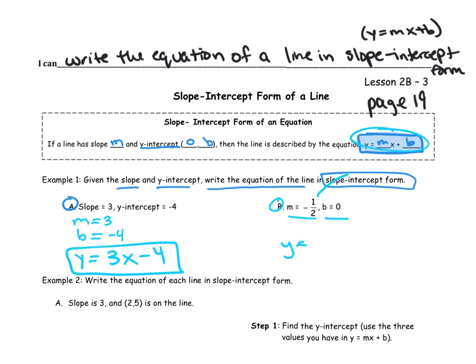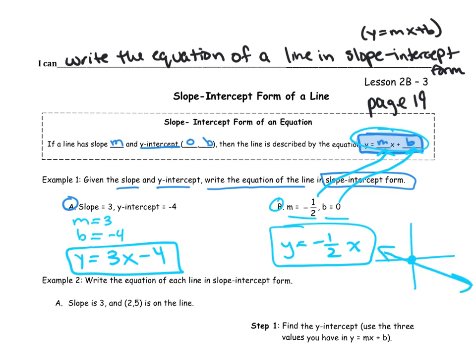We're just substituting these things in. So I have y equals -1/2 x plus 0. I don't really need to write this plus 0 because plus 0 is just plus nothing. So that's my equation, right? That means the graph is beginning at the origin. Okay, and you're probably looking at something like that, right? We got that negative slope.